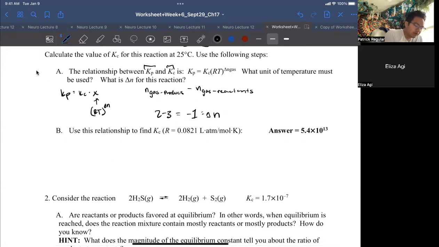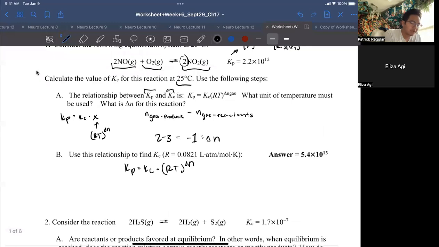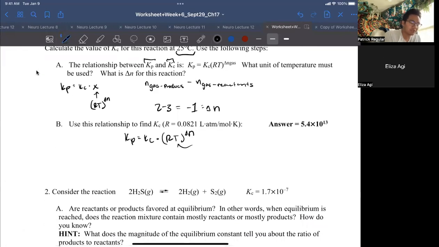Now, drawing out our equation as a whole, Kp equals Kc times (RT) to the delta N. Well, you're given a temperature, 25 degrees Celsius. And remember, you have to convert it to Kelvin, because in chemistry we like to use Kelvin. It's very uniform throughout. For 25 degrees Celsius, you just add 273.